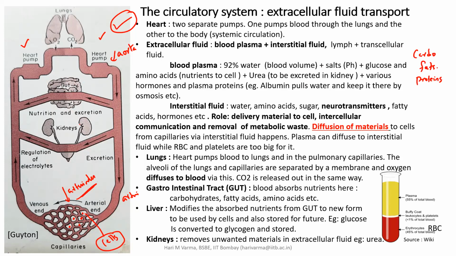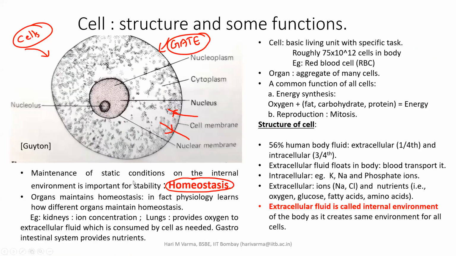These three things will be absorbed by the blood and reach the capillary, and from the capillary the cells will start absorbing them: carbohydrates become glucose, fats become fatty acids, and proteins become amino acids, right? And these three will start penetrating the cell membrane.